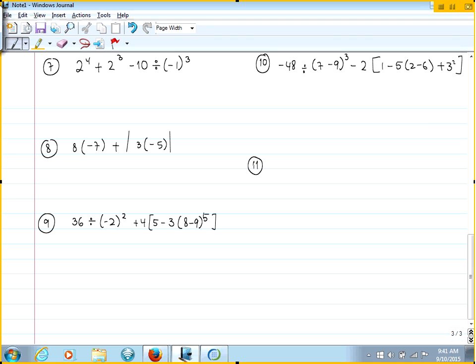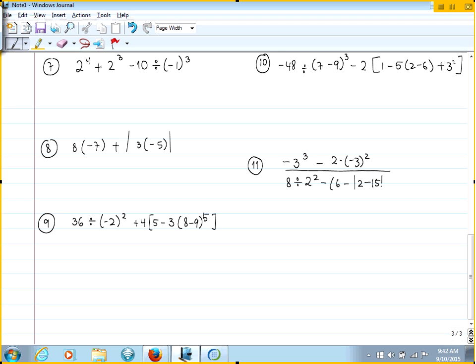Number 11. Negative 3 cubed minus 2 times negative 3 squared divided by 2 squared minus 6 minus absolute value of 2 minus 15.